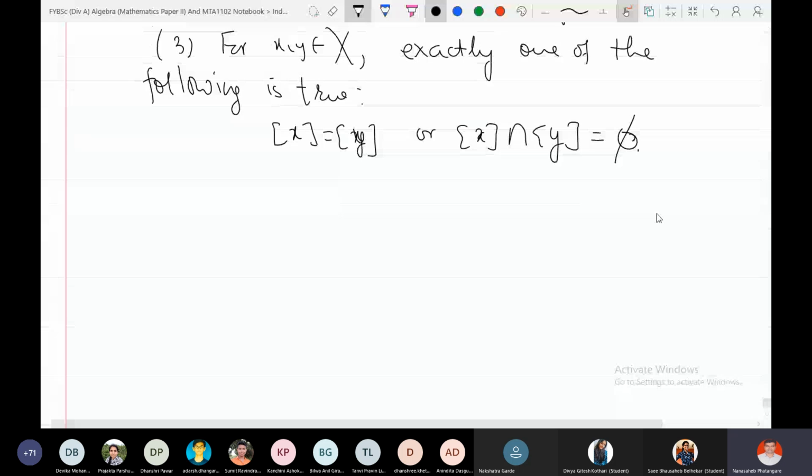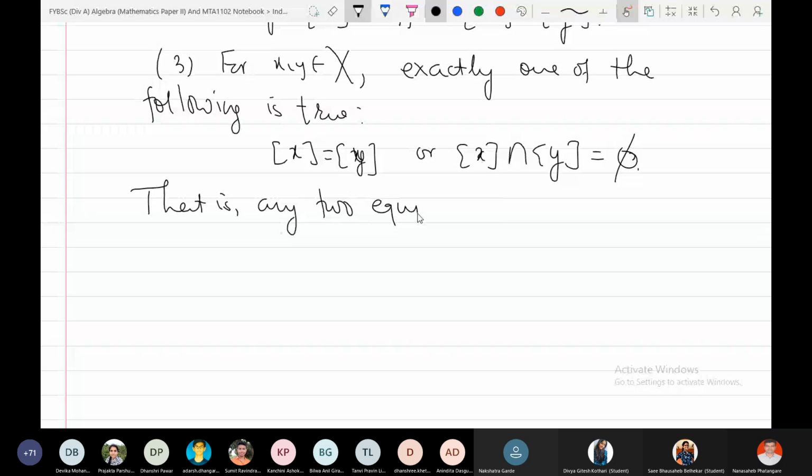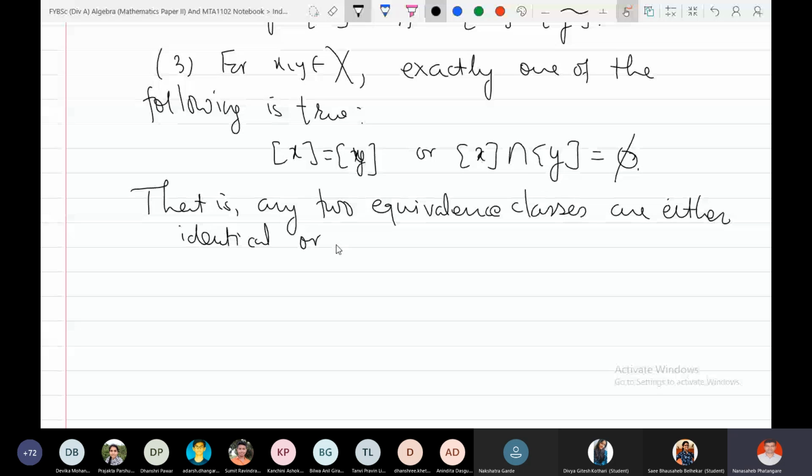That is, any two equivalence classes are either identical or disjoint.